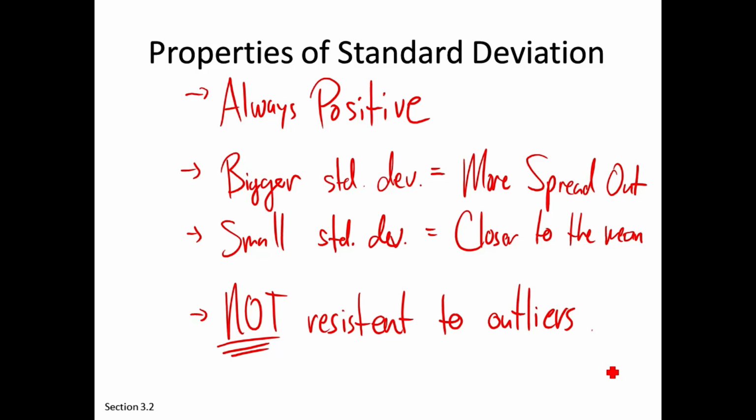Even more so, because remember, in the standard deviation we talked about yesterday, you end up squaring those deviations. So not only are you measuring how far away it is from the mean, but then you're squaring that, so big numbers are going to be amplified. If you have something that's way out there and then you square it, it's only going to get even bigger. So it's definitely not resistant to outliers.